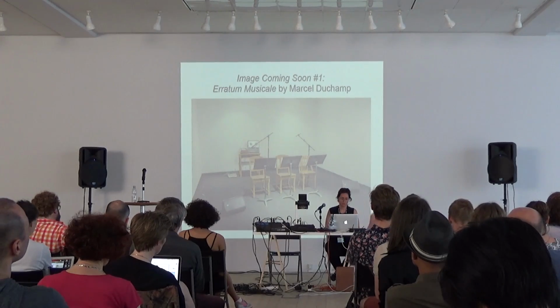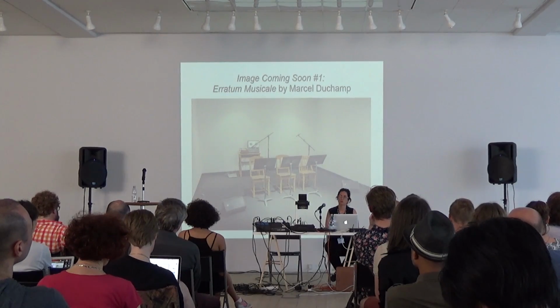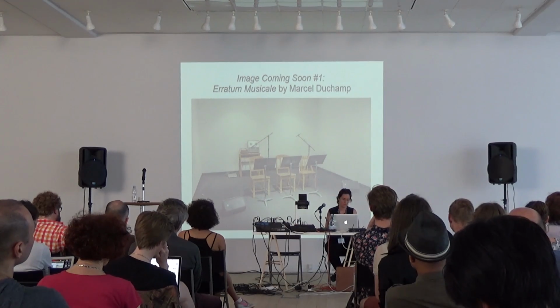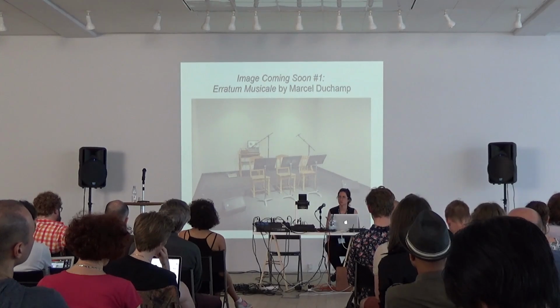So basically, in Image Coming Soon there were two rooms in the gallery, and in one of the rooms there were unannounced performances of Erratum Musicale, which the unannounced structure was part of Cage's instruction for a different movement in Rolywholyover.